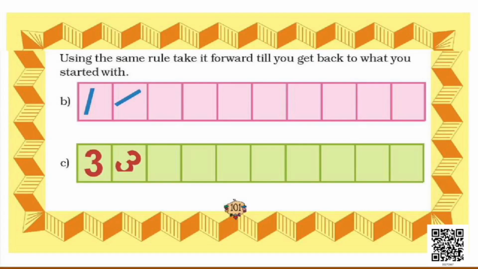Students, I have shown you the process of how we can come back to the initial position using the 45 degree turn. Now you can do it by yourself. Which one? Bit B and C using the same process. Which rule? Rule of turning 45 degree clockwise, and you can come back to the initial position by yourself.